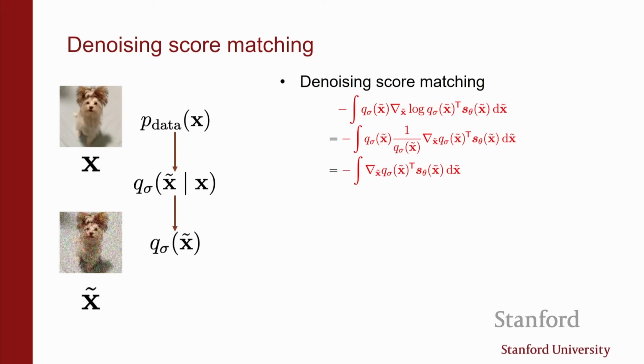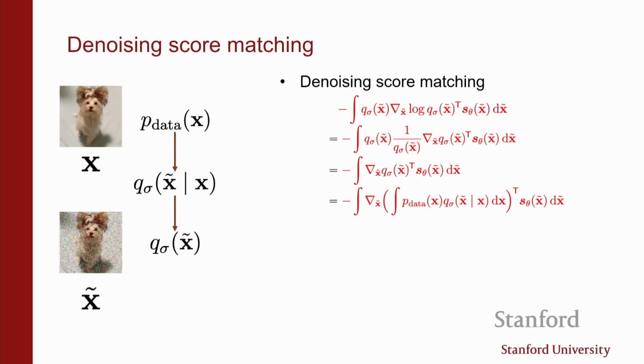And so we end up with something a little bit simpler. It's just the dot product between the gradient of the noise perturbed density and the score model at every point. And now we can write the expression for Q sigma, which is just this integral. Basically, the probability of any particular x tilde is going to be the probability of sampling any data point x times the probability of generating x tilde by adding noise to x.